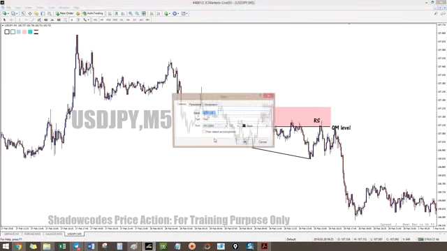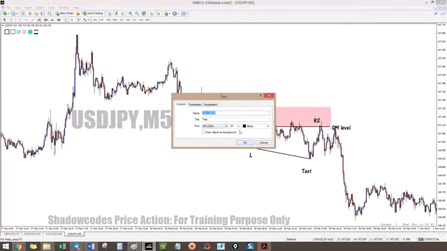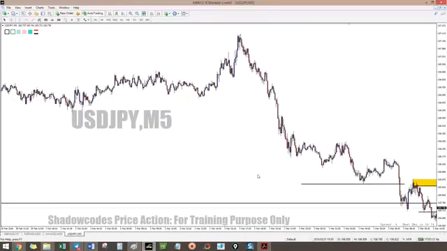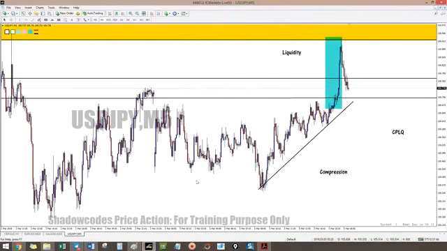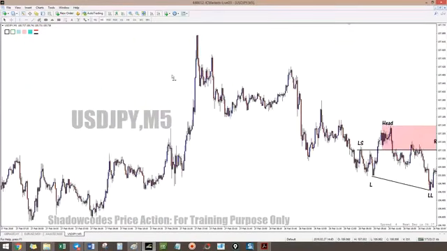This is our low. And this is our lower low. Okay. And let's find for demand. Oh, that's already been dropping. So okay, just leave it be.